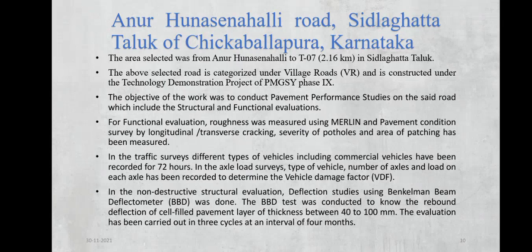In the traffic survey, different types of vehicles, including commercial vehicles, were recorded for 72 hours, that is 3 days. And in the axle load survey, the number and type of vehicles were recorded so that the vehicle damage factor can be calculated. In non-destructive structural evaluation, deflection studies using the Benkelman beam deflectometer were done.